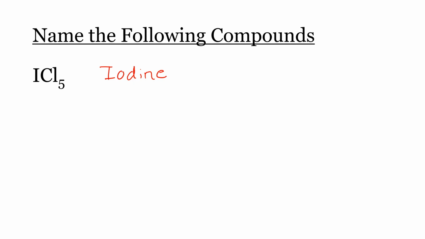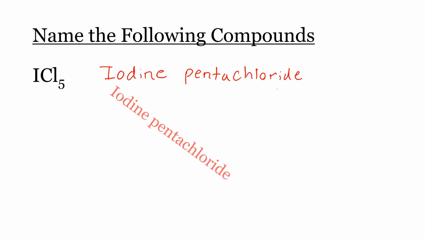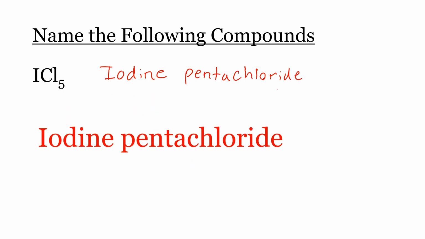Our prefix for 5 will be penta. And then our chlorine will be changed to chloride. So we get pentachloride. And so all together, we get iodine pentachloride as the name.